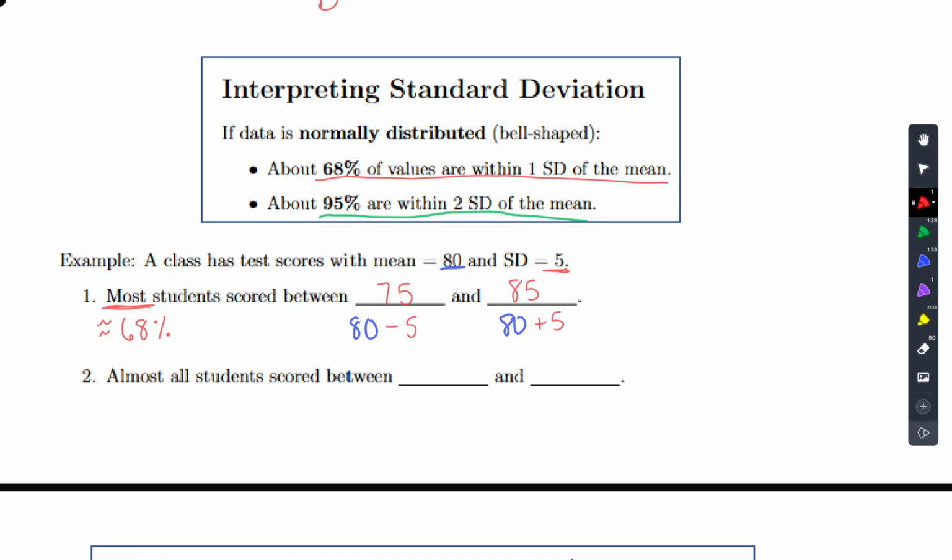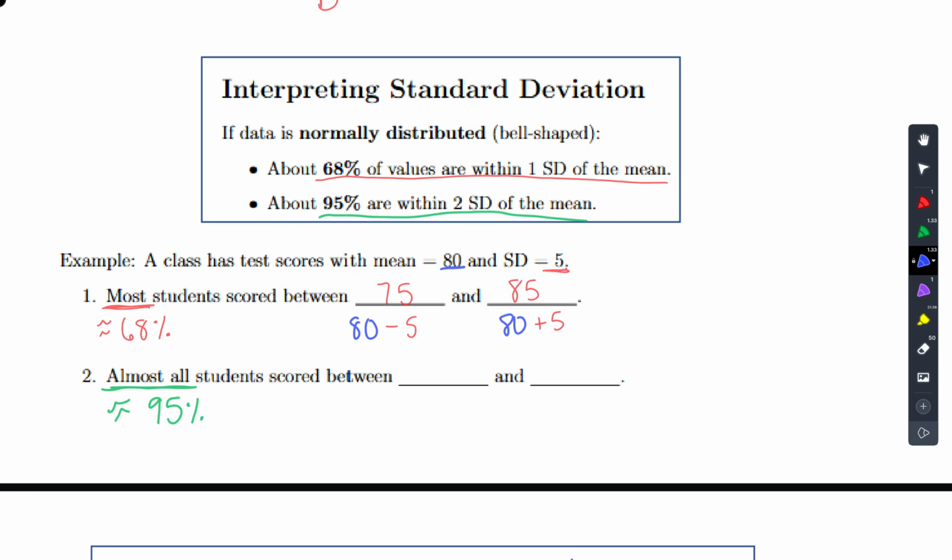Almost all students, so when they say almost all, that's code for 95%, okay? So almost all students score between, well, if my mean is 80 and my standard deviation is 5, 95% are within two standard deviations.